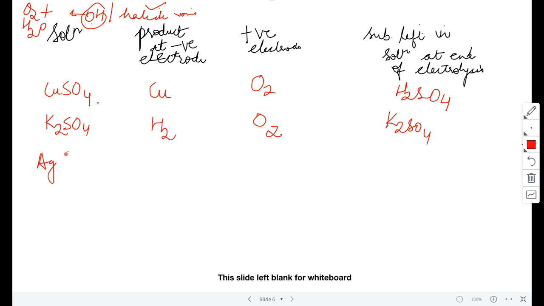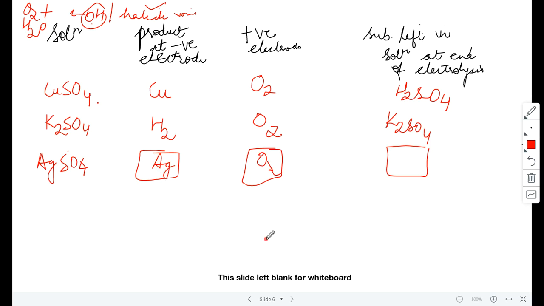Now I'll say silver sulfate. Silver is less reactive, so silver goes to the cathode. Excellent. And then O2. I think now you know how O2 is formed.